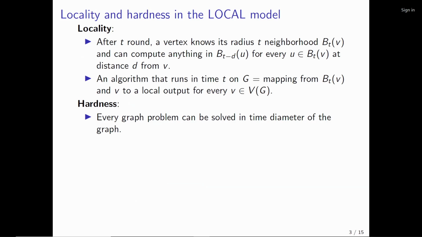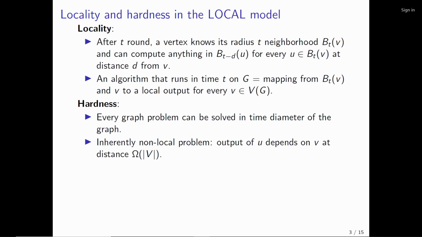So algorithms that take a number of rounds linear in the number of vertices, or at least the diameter of the graph, are not very interesting. This is sort of the equivalent of taking exponential time in the centralized model, when you just naively run through all the solutions, for example. So remember that, yeah, linear is very bad. So we're only dealing with very, very small quantities here.